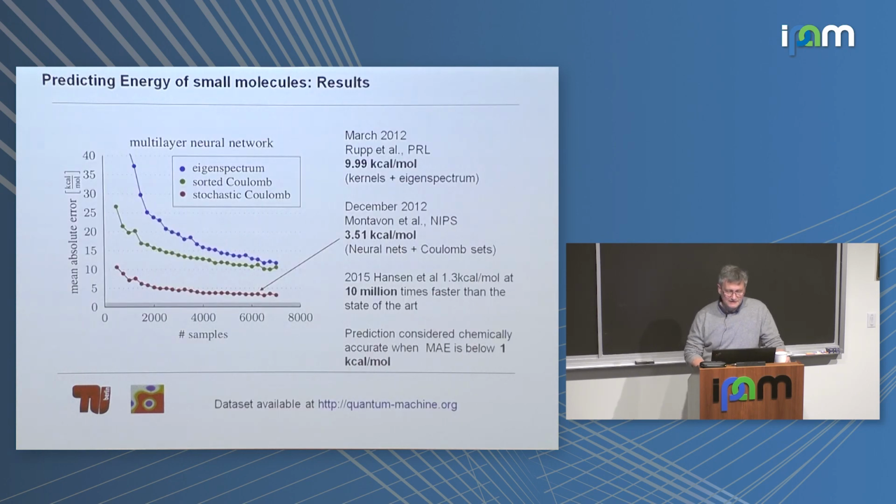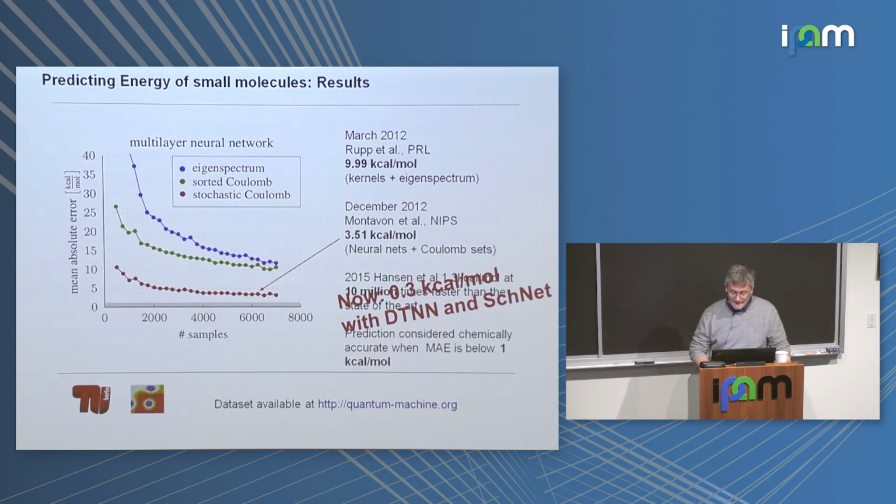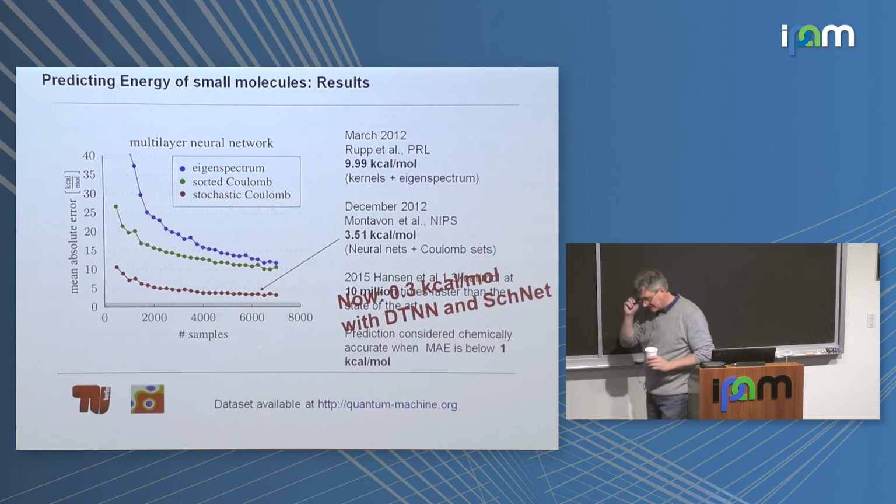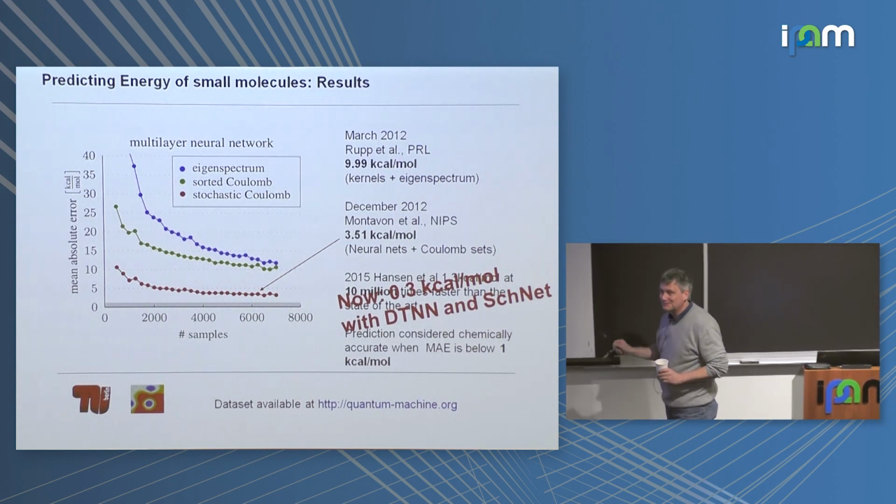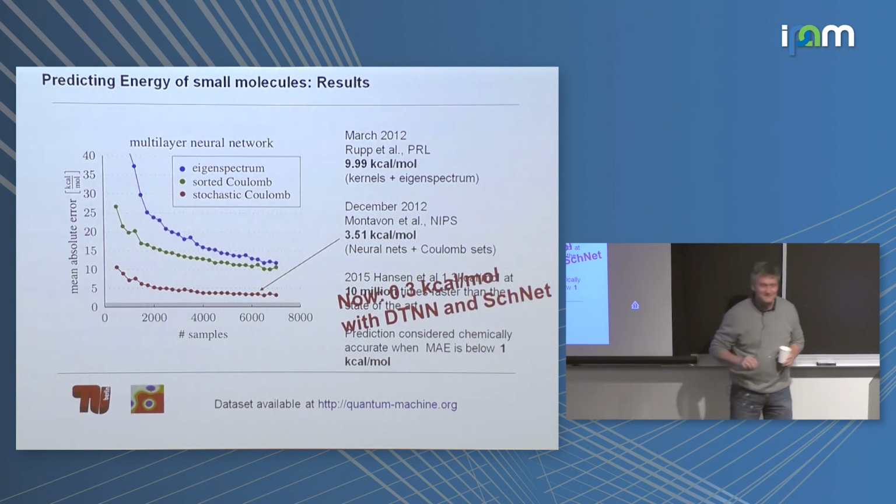And we had some very fascinating and great results. And nowadays, I have learned that Anatole was presenting something below 0.3 kcal per mole, with more elaborate architectures than the kernel ridge regression that we used back in the day, right?